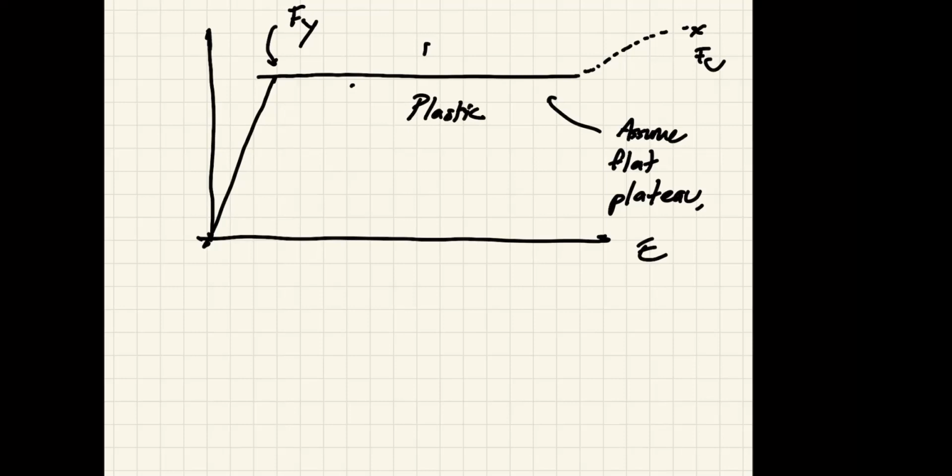Okay, and because this is a perfectly straight line, we just use the straight line. You can say this part is called perfectly plastic. And this, of course, is elastic.